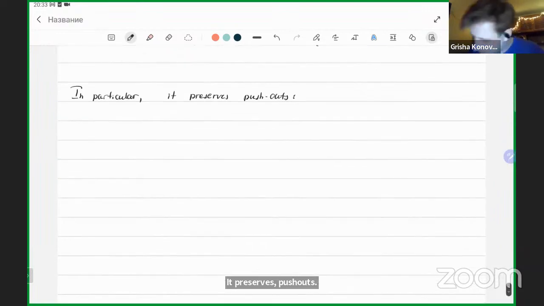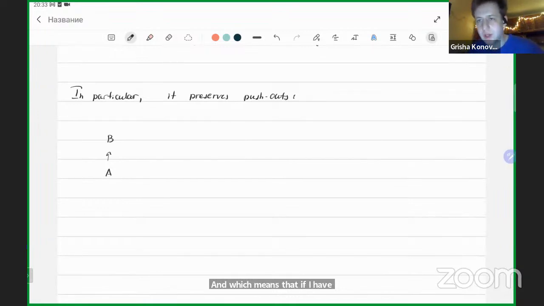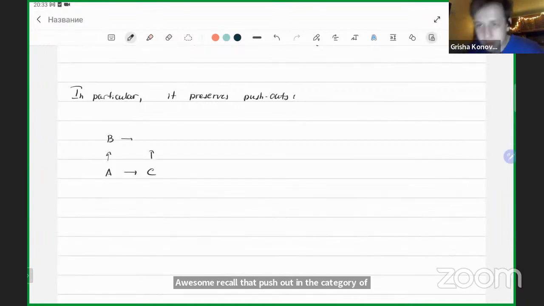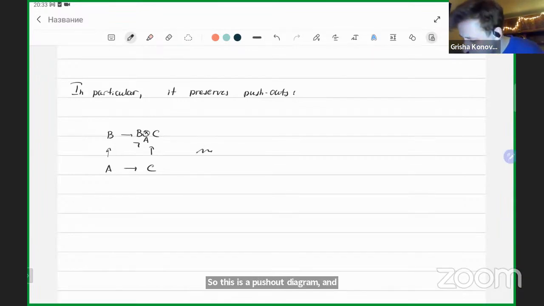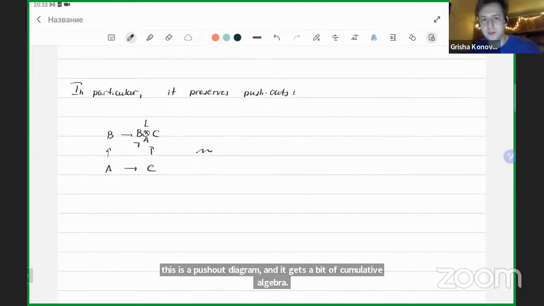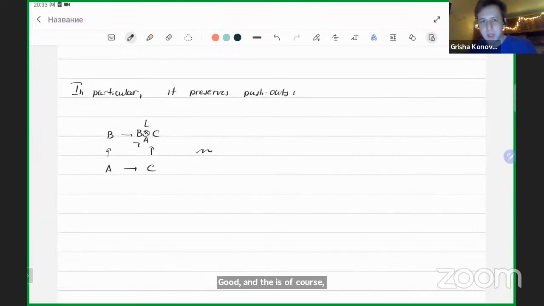Which means that, also recall that push-outs in the category of commutative differential graded algebras are given by tensor products. So this is a push-out diagram in the category of commutative algebras, and the tensor product is of course derived, as everything in our talk.